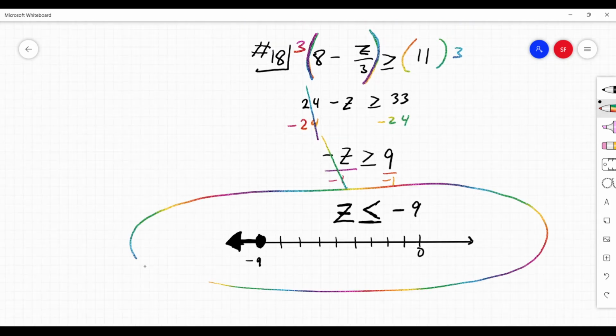What other questions on this homework assignment do we have? We can probably take one more if we need to. Number 20.